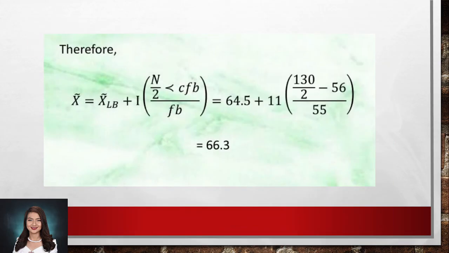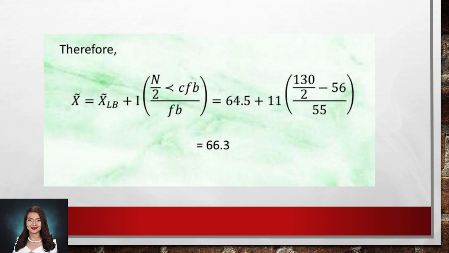So if we're going to interpret this, the median value is 66.3, which means that 50% of the scores are less than 66.3.